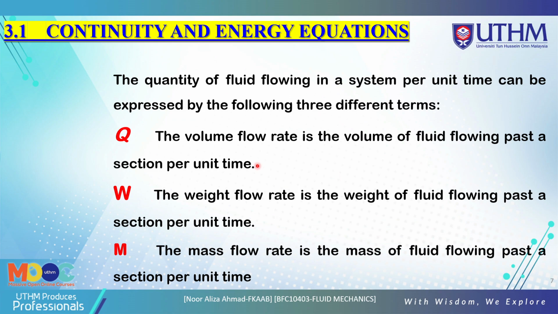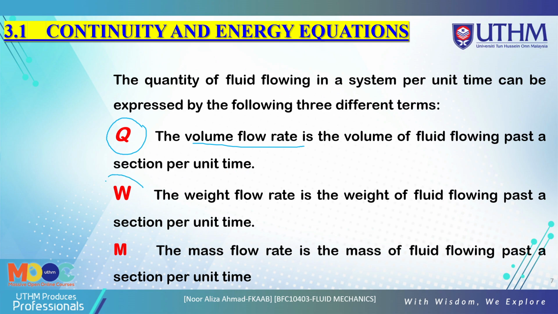Okay, so continuity and energy equation. We must know that the quantity of fluid flowing in the system per unit time can be expressed by the following three different terms. Okay, the term Q is the volume flow rate, the volume of fluid flowing past a section per unit time.